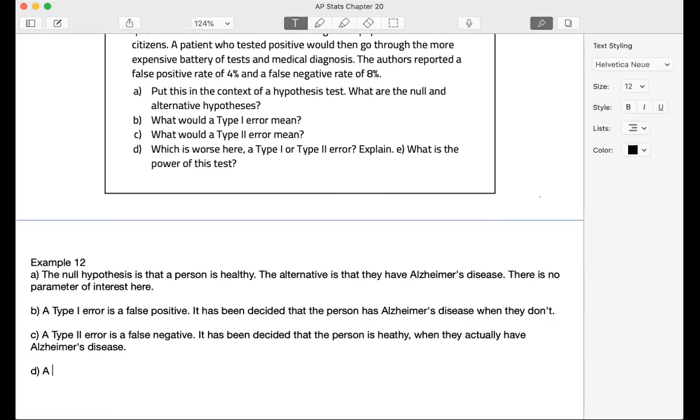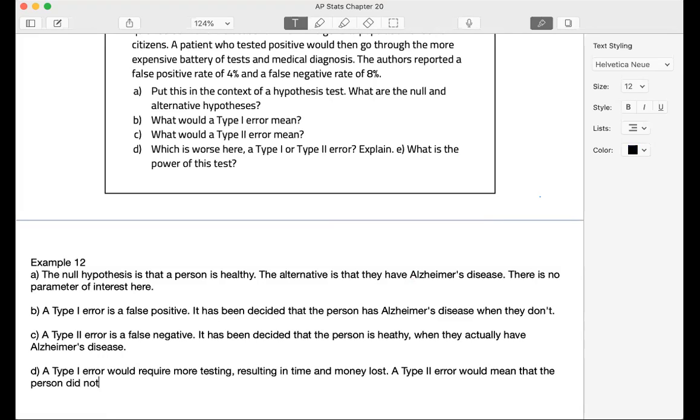All right, D, a type 1 error would require more testing, resulting in time and money lost. A type 2 error would mean that the person did not receive the treatment they needed. So a type 2 error is much worse.